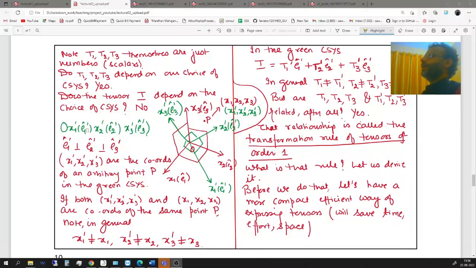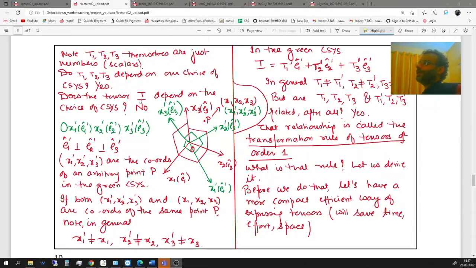And note that E1 prime, E2 prime, and E3 prime are again mutually perpendicular unit vectors, and x1 prime, x2 prime, x3 prime are the coordinates of an arbitrary point P in the green coordinate system. If x1 prime, x2 prime, x3 prime and x1, x2, x3 are coordinates of the same point, say point P, keep in mind that in general x1 prime will not be the same as x1, x2 prime will not be the same as x2, and x3 prime will not be the same as x3.